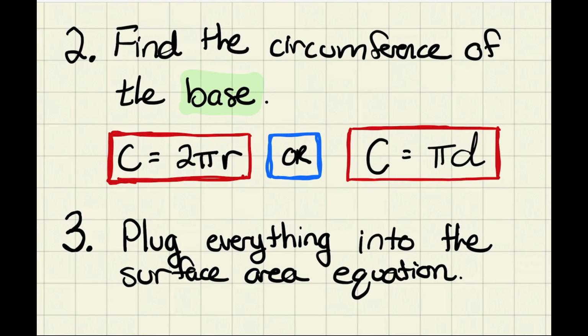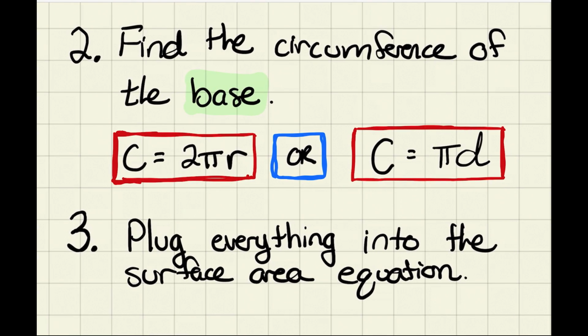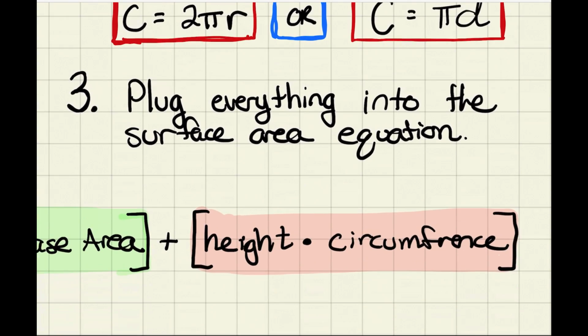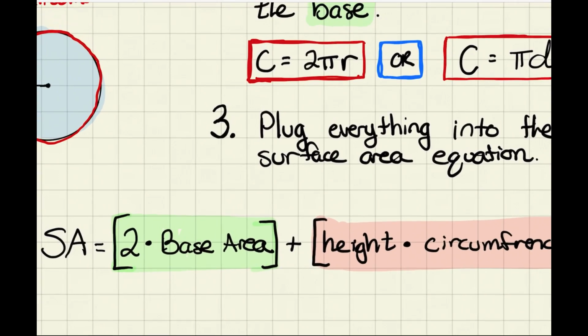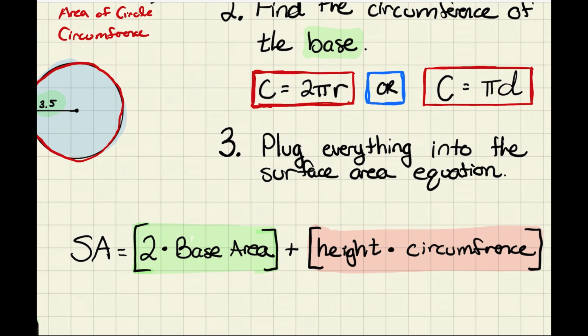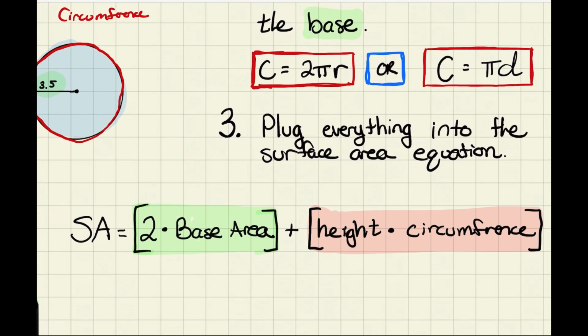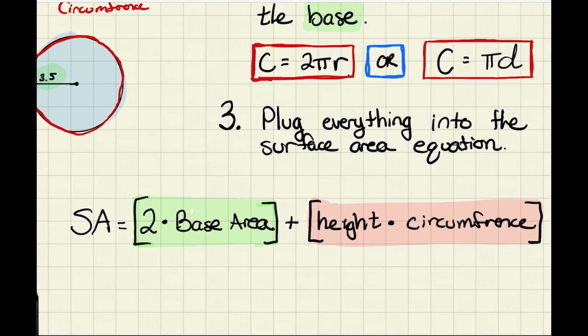Okay, the last thing in our list of things to do here is plug everything into the surface area equation. So you're going to want to write down this equation for surface area. It looks way more complicated than it is. Basically, if you'll follow along with me here, you're going to take 2 and multiply it by that base area that we found.